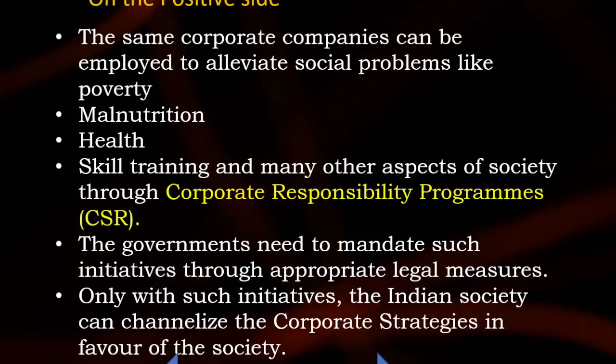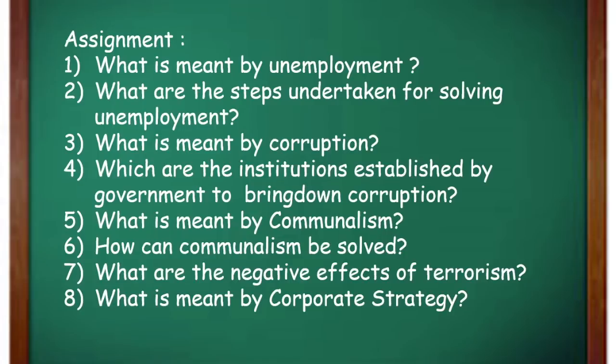So that is the end of the political science lesson number 1. Let us have a look at today's assignment. Question number 1. What is meant by unemployment? 2. What are the steps undertaken for solving unemployment? What is meant by corruption? Which are the institutions established by government to bring down corruption?